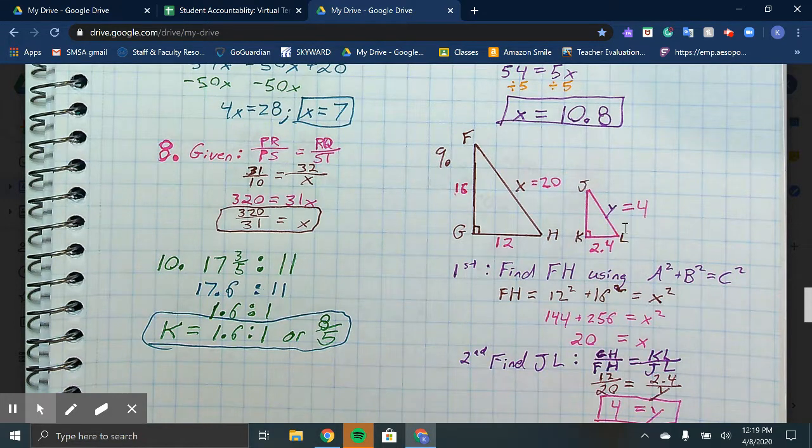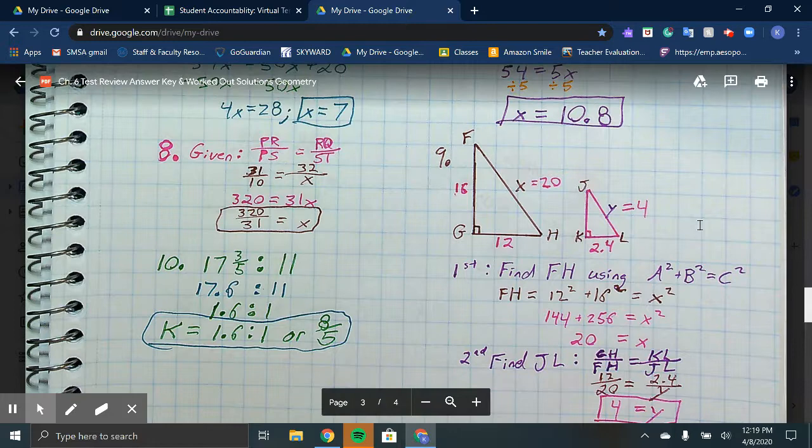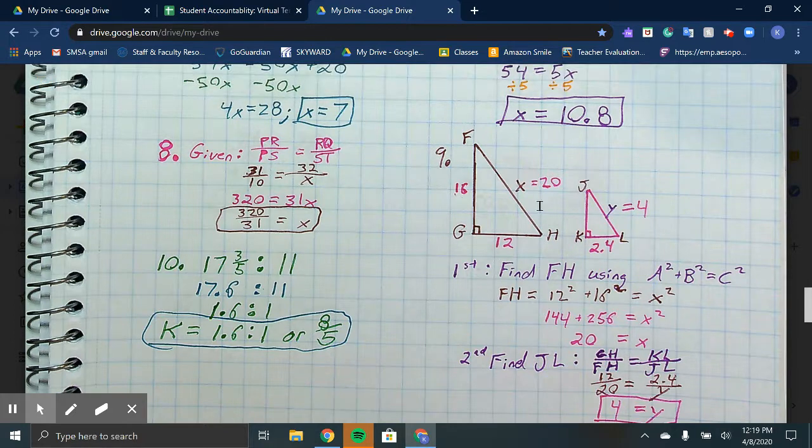So we know these are similar, so they both have right angles. Now what I first want to do though is solve for my hypotenuse on FGH so that I can later use that to find JL. So I'm going to use Pythagorean theorem. 12 squared plus 16 squared equals x squared.